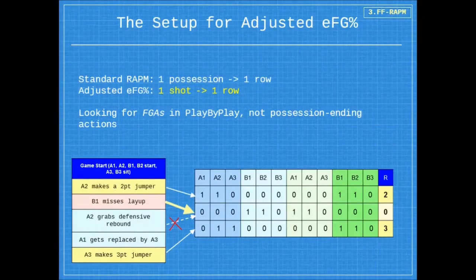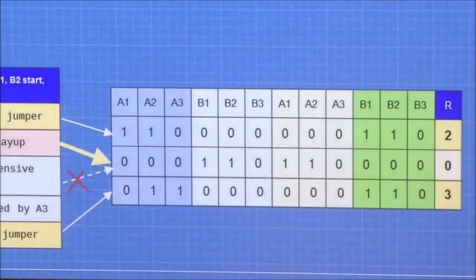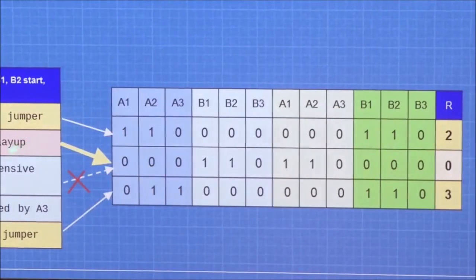There's only a small change that we have to make. Instead of looking for possession-ending actions as we were before, we're just looking for shots. There was a shot here in the play-by-play that we had before, and that's going to turn into one observation. And this shot over here didn't turn into an observation before because it didn't end the possession back then.